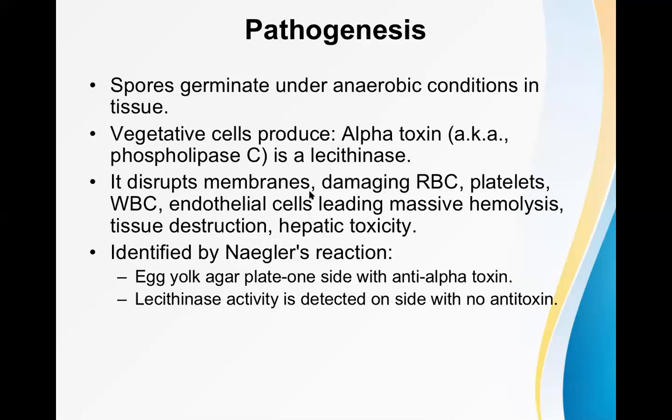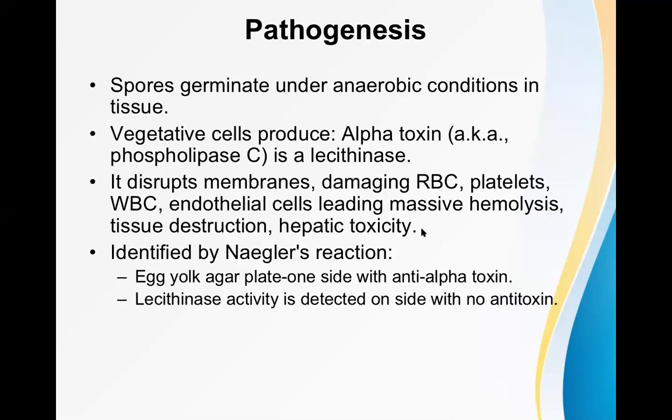So it can damage any cell membrane of any cells or tissues. It can damage RBC, platelets, WBC, endothelial cells, muscle tissue, so many different ones, resulting in hemolysis, tissue destruction, and even hepatotoxicity. These are the common manifestations of gas gangrene.